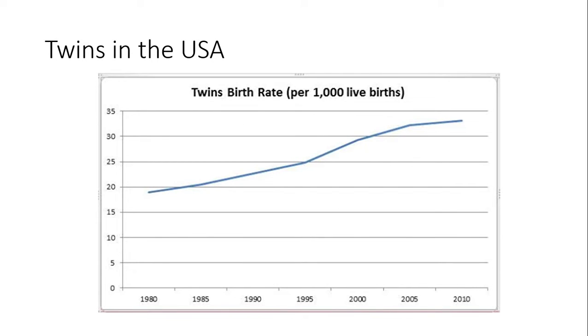Look at this graph. You see that in the United States the twin birth rate increased from, let's say, 18 per 1,000 live births to 34 in 2010, and no decline until now.